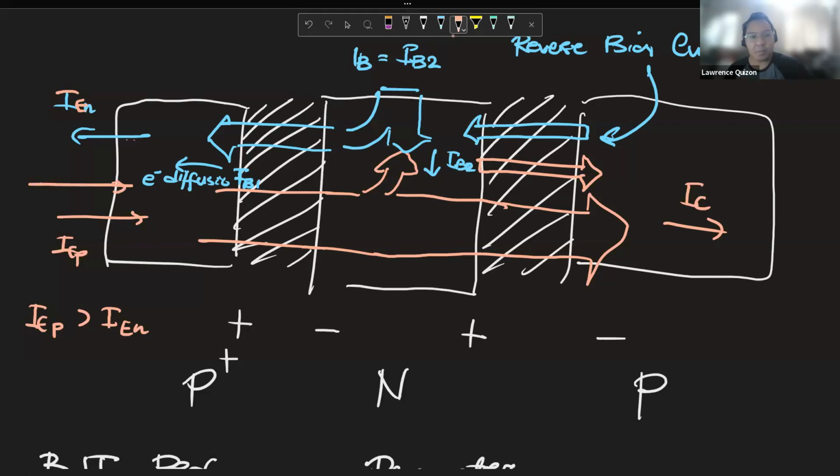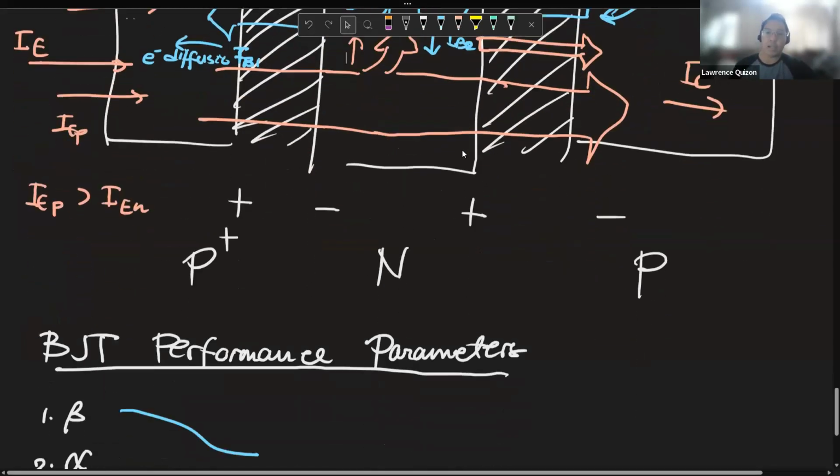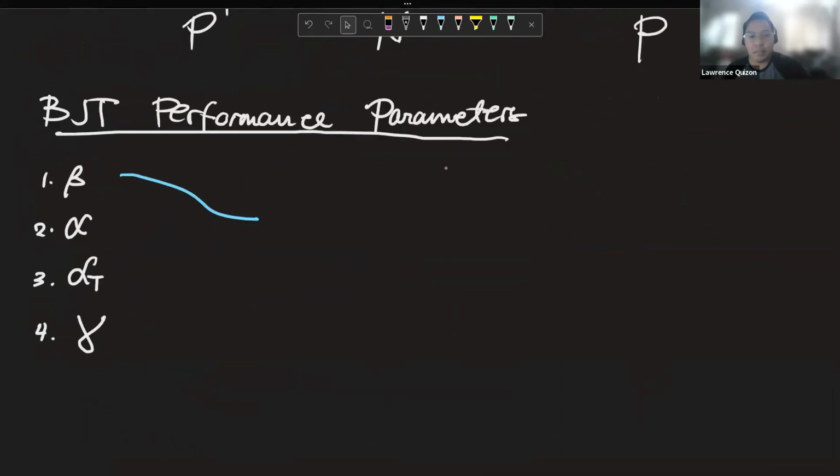IC comes from IE, right? And it's the same for the flow of electrons. IE turns into IC, but it loses something along the way, which is the IB2, right? The beta is something that you probably already know because it's part of basics of BJT, but it's IC over IB.